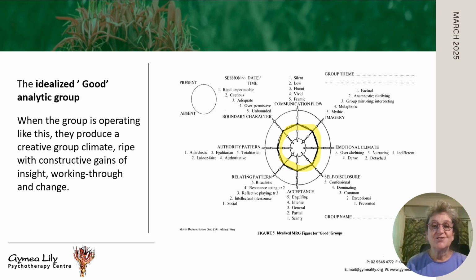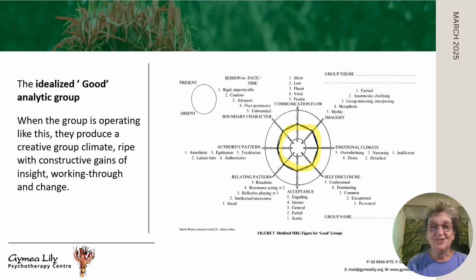It's ripe with constructive gains of insight, working through and change. The good group, which I've highlighted in yellow, is represented by balanced stations, so station number 3 for most determinants. So it promotes insight, therapeutic change and working through.